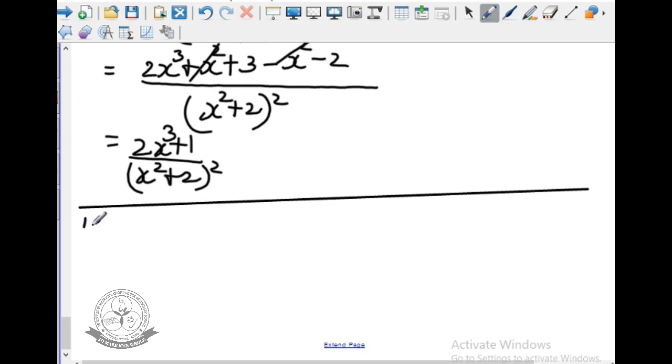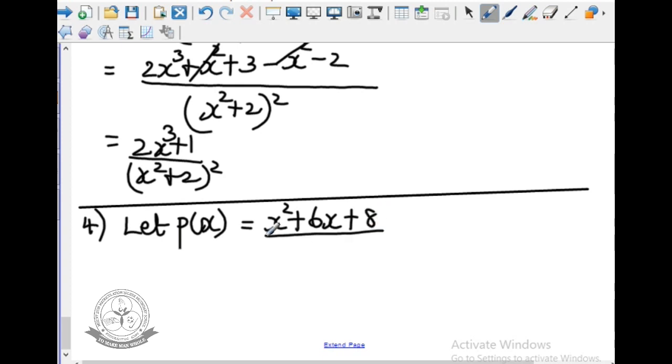Fourth sum. Which rational expression should be subtracted from this one to get the answer? So the given polynomial we take as p of x. So let p of x equal to x squared plus 6x plus 8 whole divided by x cube plus 8.